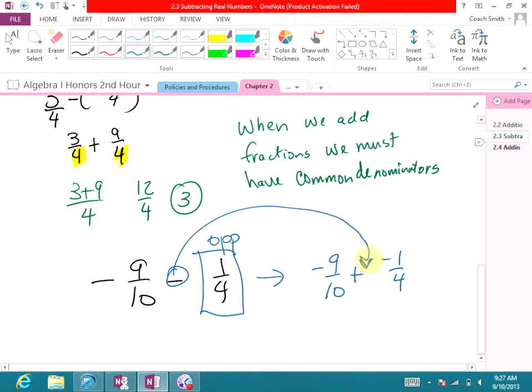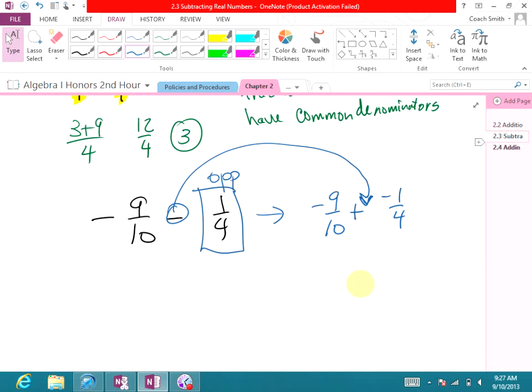Now, are 10 and 4 the same? No, obviously it's not the same. So what's the common denominator? 20.